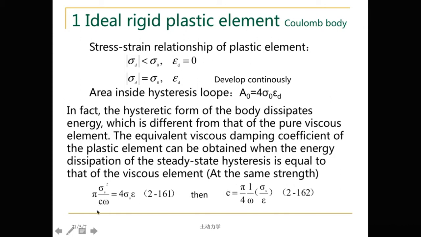Then we do know for the viscous element the energy dissipation value is equal to pi times sigma s squared over c omega. That is the area of the Coulomb body. The energy loss of the Coulomb body is equal to 4 sigma s times epsilon.